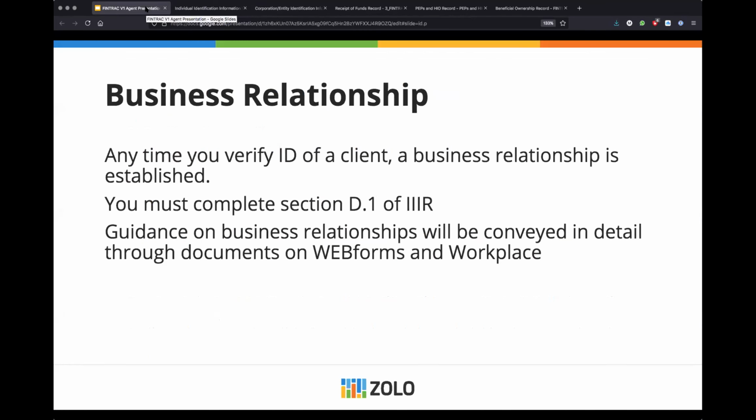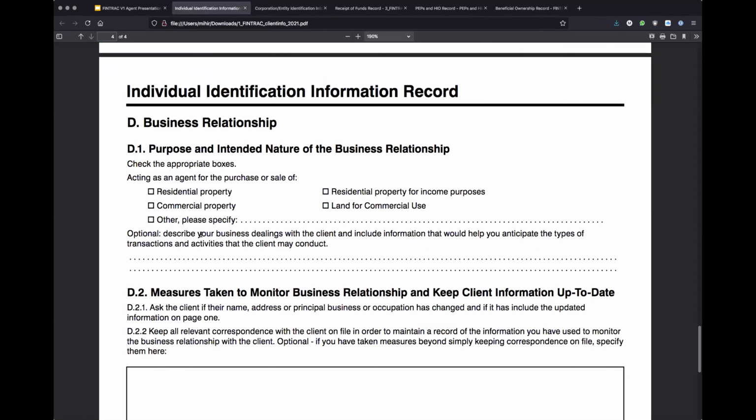Zolo is defining the start of a business relationship as any time you verify the ID of a client. You must complete section D.1 of the IIR, or the corporate identification, which is this one, which is you acted as an agent for the purchase or sale of either residential, commercial, residential property for income purposes or investment rental purposes, land or commercial use, or other.